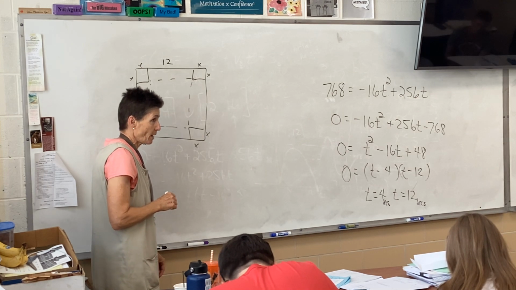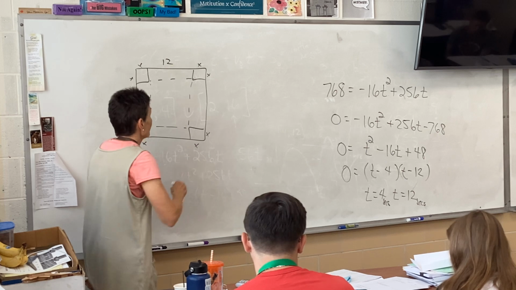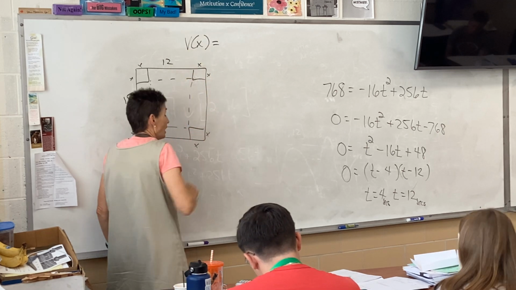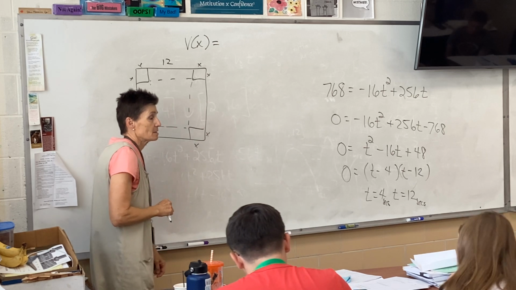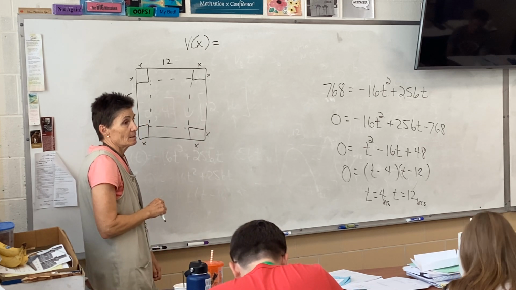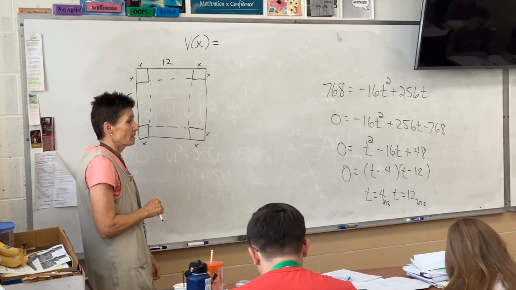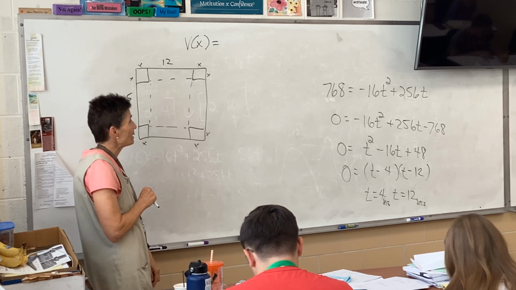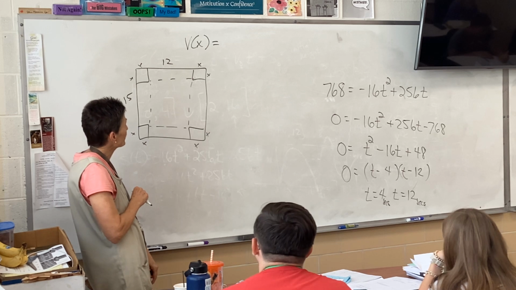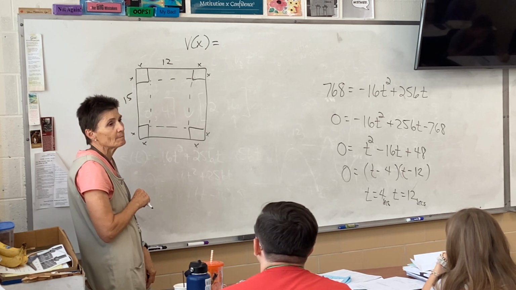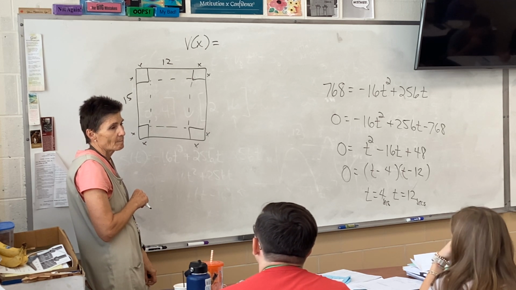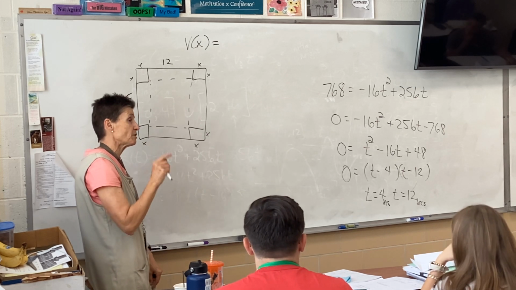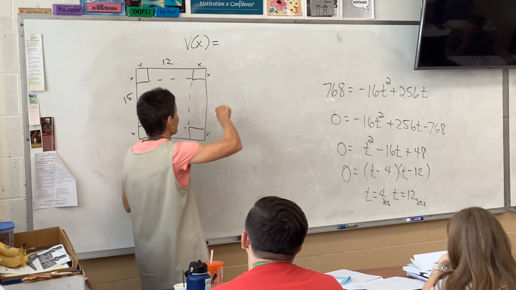So we want to write an equation for the volume of the box, V of x, the volume with x size corners cut out. What's my equation going to be? Length times width times height is our starting point.